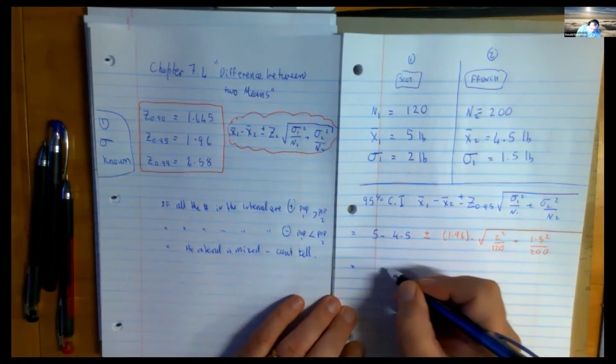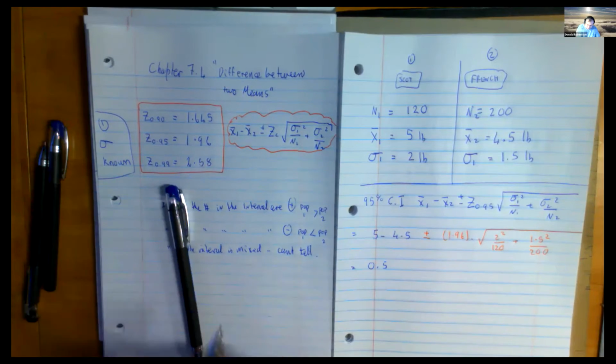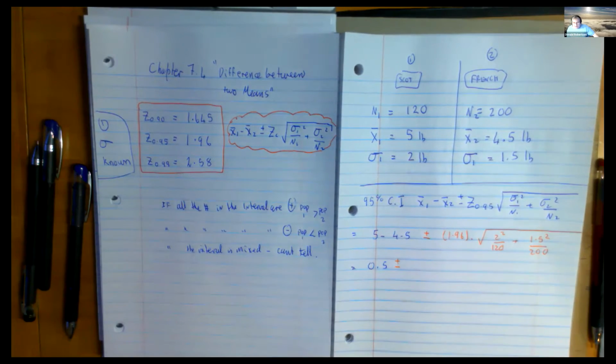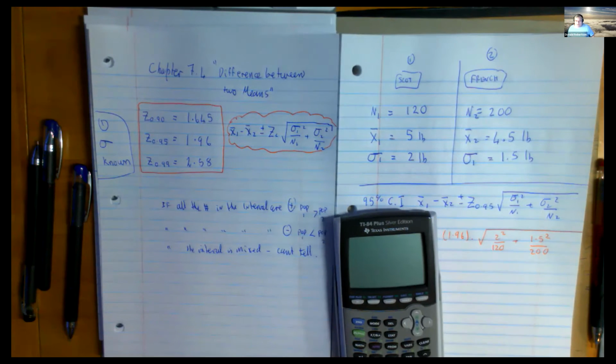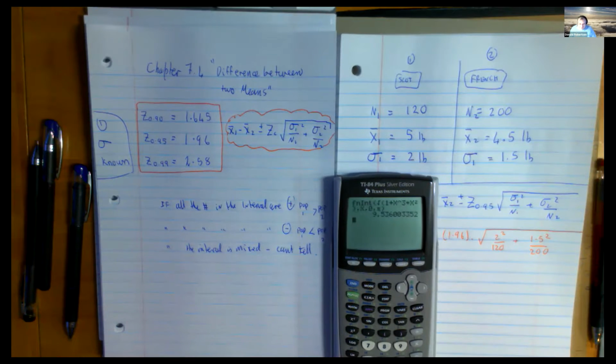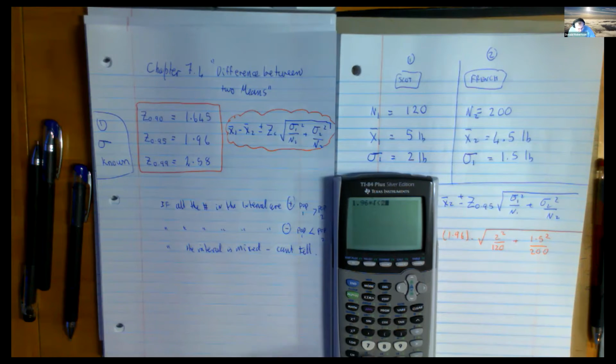Now, continuing with this then, that take away that gets me 0.5 plus or minus that horrendous calculation. So let's use a calculator. 1.96 times the square root of 2 squared divided by 120 plus 1.5 squared divided by 200.